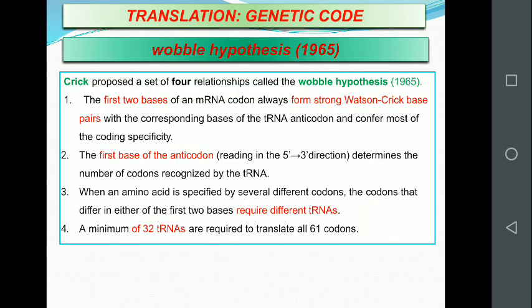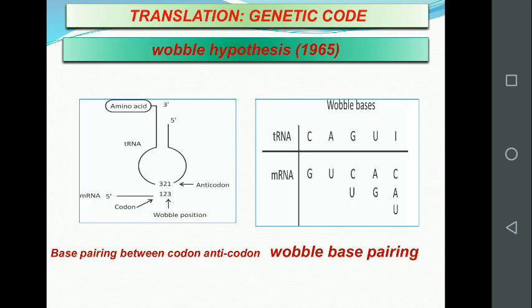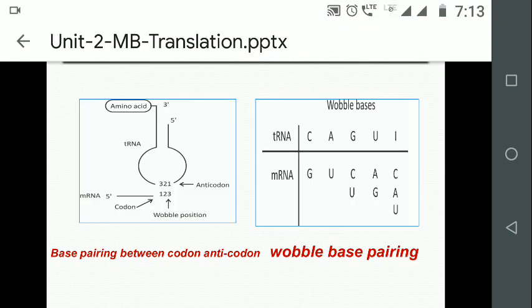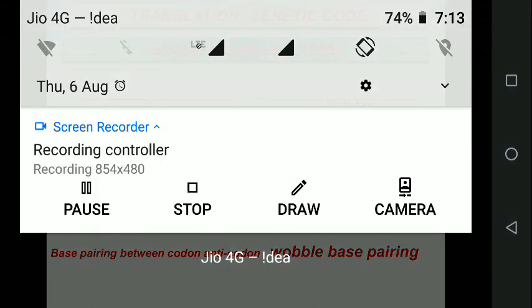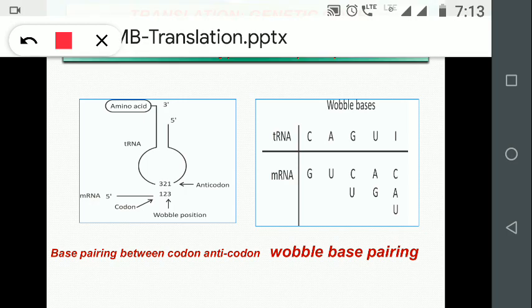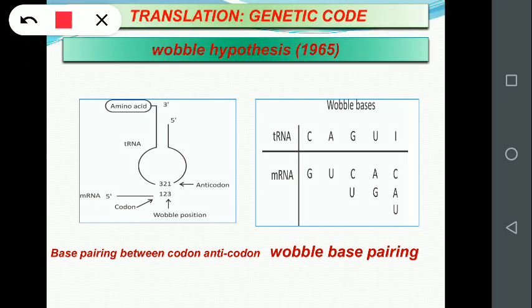And the Wobble hypothesis. In the Wobble hypothesis, we learned how the degeneracy of genetic code takes place. Here, this is the codon and this is the anticodon. The third base in the codon is the Wobble position, and the first base in the anticodon interacts with the third base in the codon.